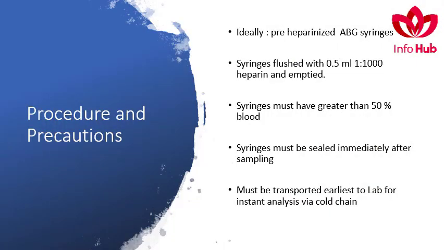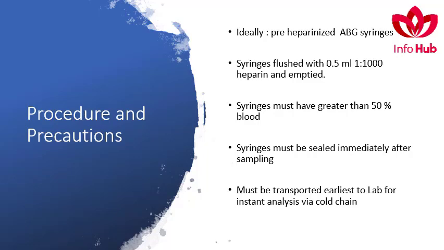So, the procedures and precautions that you need to know before doing a radial tap. Ideally, use a heparinized syringe, which means the syringe is flushed with heparin and then emptied, so that the blood doesn't clot.